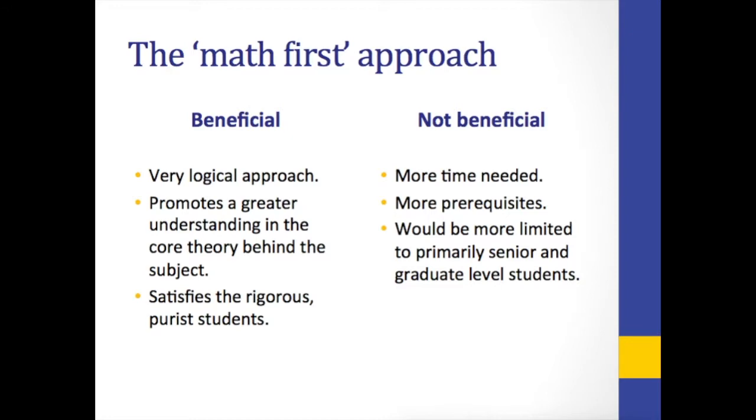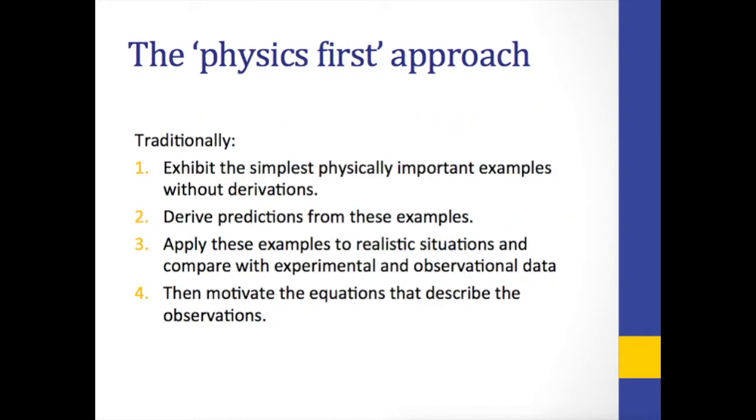So let's take a look at the physics first approach now. The physics first approach is traditionally exhibiting the simplest physical important examples without derivations. What this means is analyzing the behavior first. Then you derive predictions from the example. So, hey, what is this behavior doing?